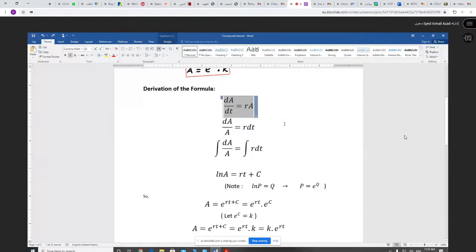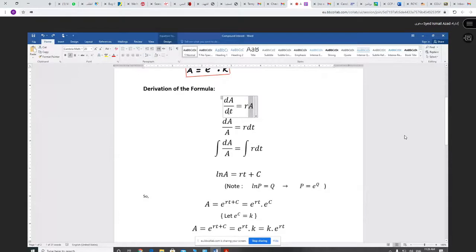Separate the variables. Bring dt on the right hand side and bring A on the left hand side. So you will have dA over A. This is division. When you change the side and bring it to the right hand side, it becomes multiplication. Now when you change the side of A, bring it to the left, it will become division.